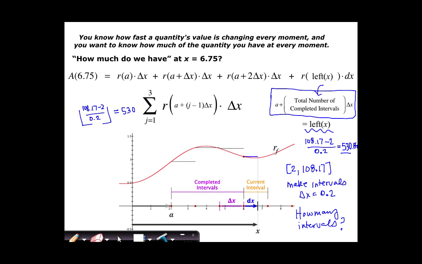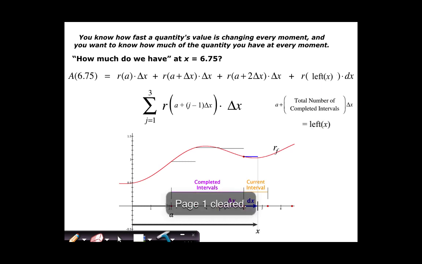So the total number of completed intervals, we could have a plus something like this times delta x. It's all still kind of a mess. But if I want to explain this quickly, I can say left of x.